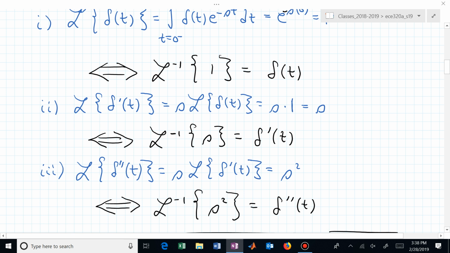If this impulse happens right at 0, not at 0 minus, not at 0 plus, in between those, then what the impulse equals at 0 minus is nothing. That's why we didn't worry about the initial condition when we used this derivative operational transform relationship.